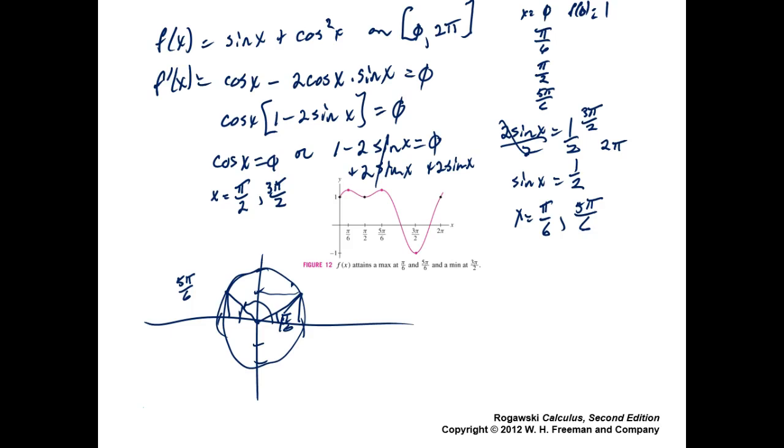At pi 6, alpha of pi 6 would be the sine of pi 6 plus cosine squared of pi 6. Sine of pi 6 we've already determined to be 1/2.